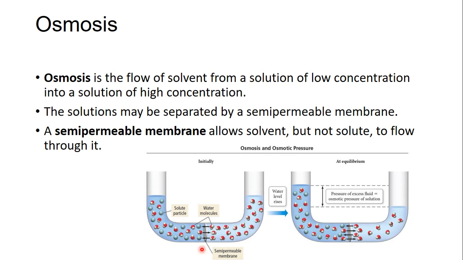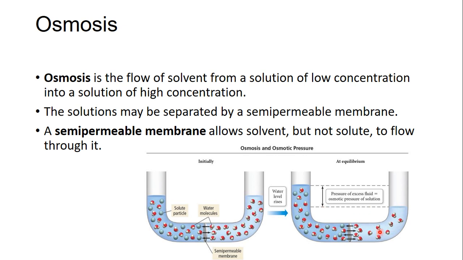They're separated by a membrane that only lets water across. Naturally, the water with no salt will flow to the water with salt until the concentrations of salt are the same. And the pressure difference is the osmotic pressure.